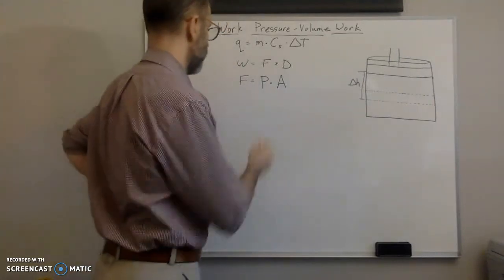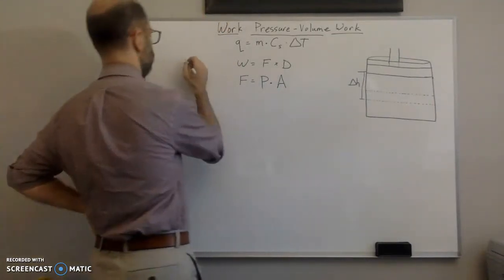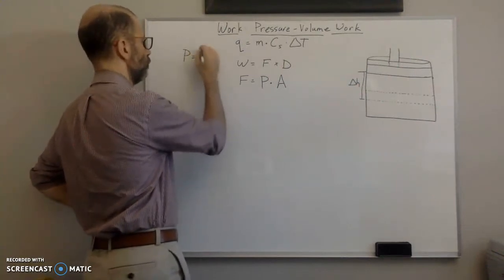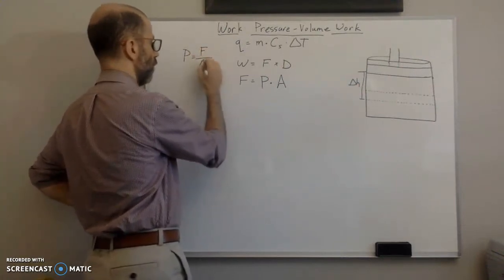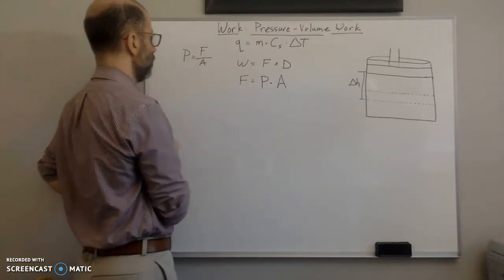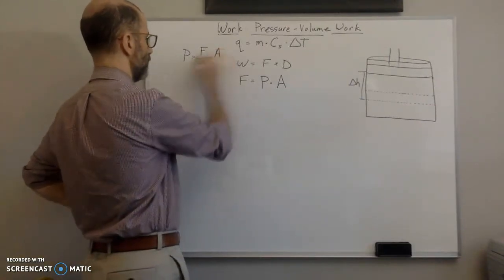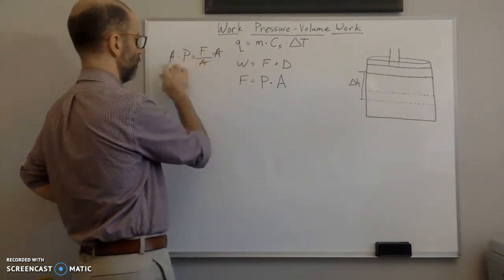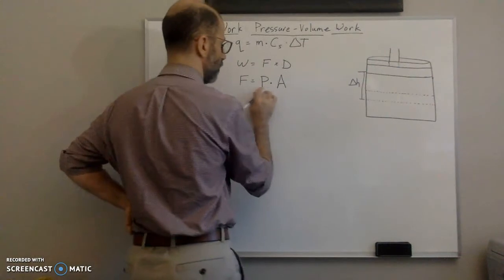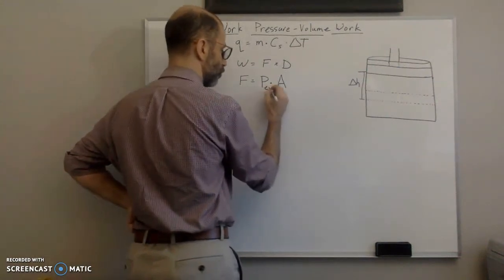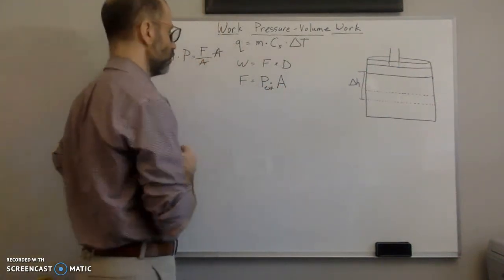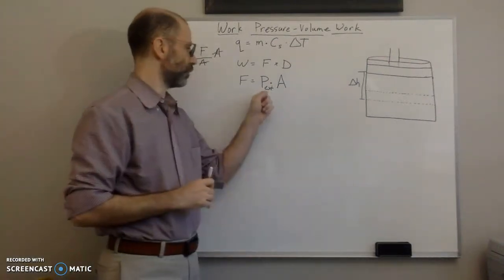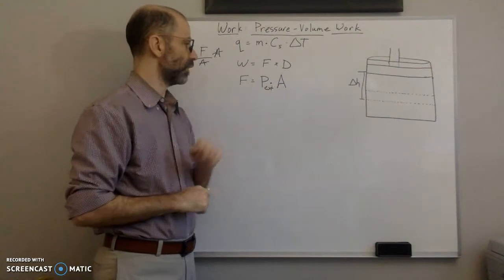We get that from, if you remember this equation, pressure is equal to force over area. So if you multiply both sides by area, then you get force is equal to pressure times area. And here we're going to be interested in the external pressure. So force is going to be equal to external pressure times the area.